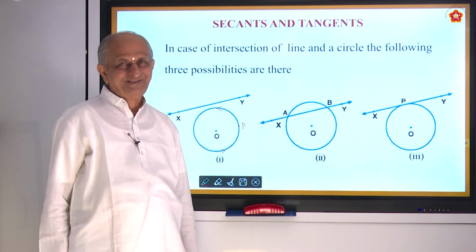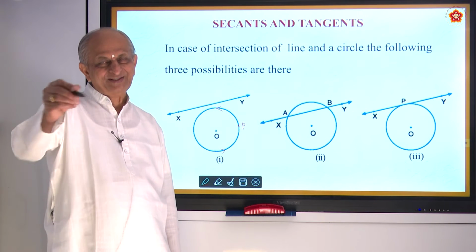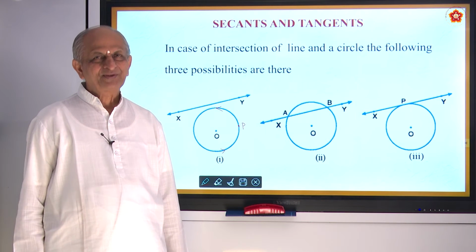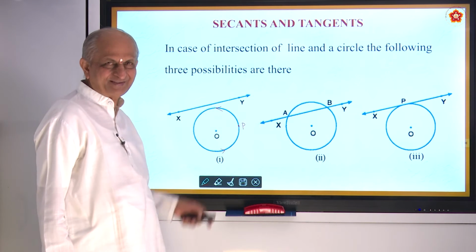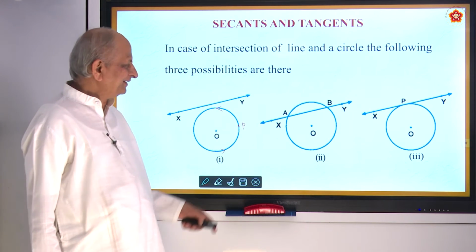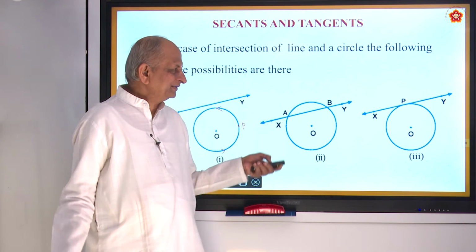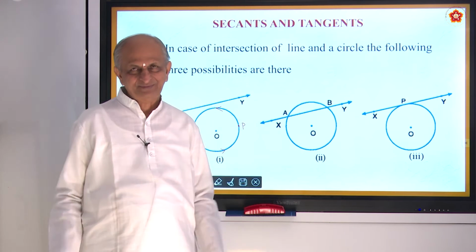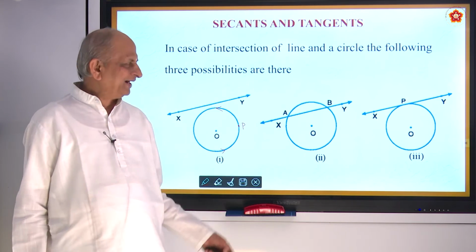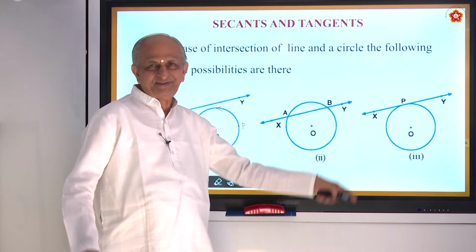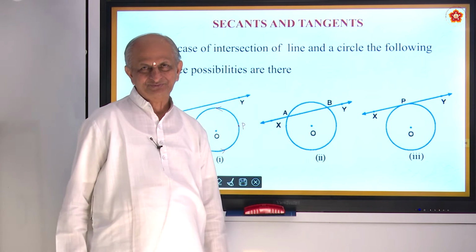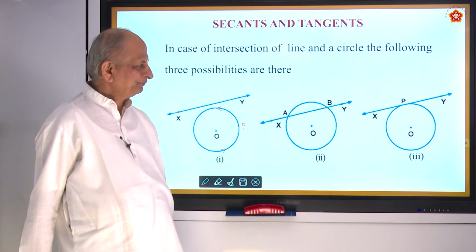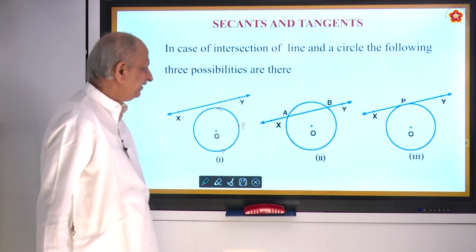So when a mother calls a child, first the child will be at a distance. And then another possibility is that the mother hugs the child. And another possibility is that she just touches the child with a finger. So they are the three possibilities.